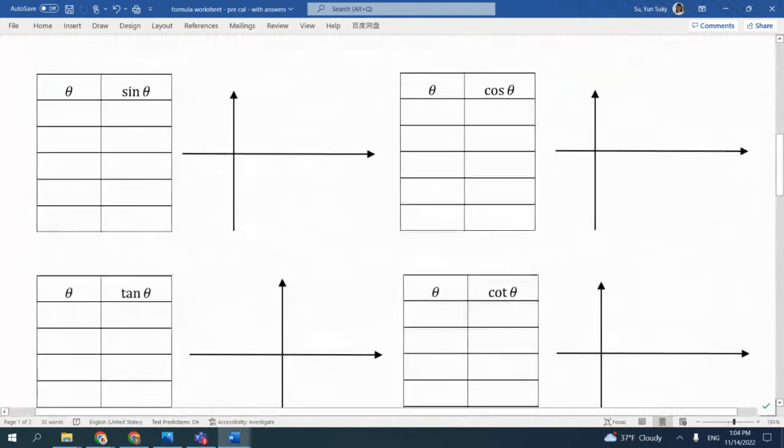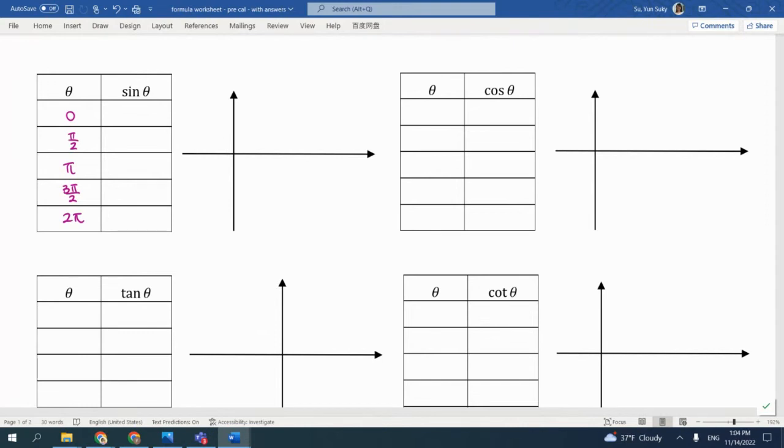Okay, so how about the graph of trig functions? For sine, we say 5 key points. They are 0, pi over 2, pi, 3 pi over 2, and 2 pi. Remember sine and cosine, I told you they're a wave.